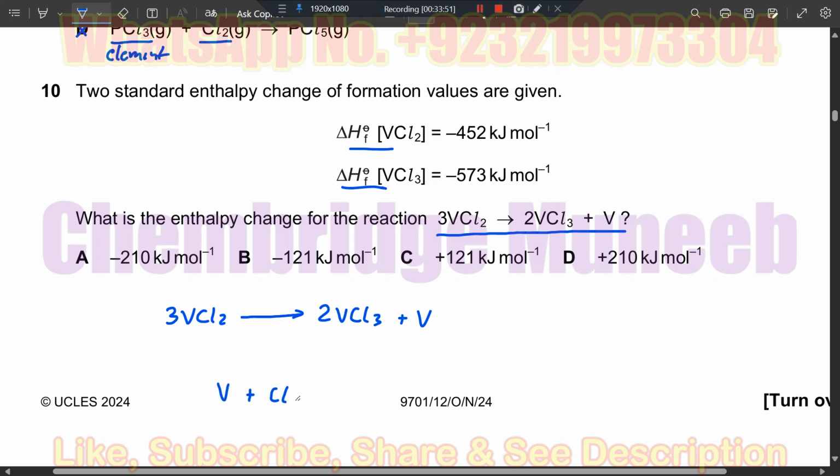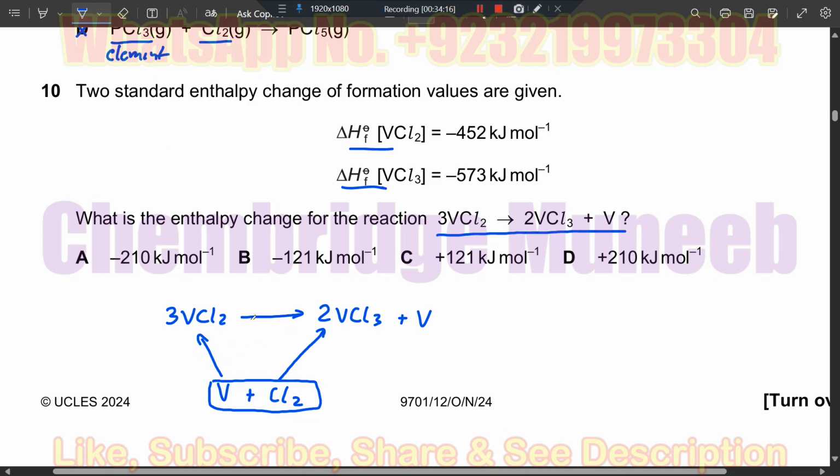Chlorine exists in the diatomic form. So vanadium and chlorine must be producing both the reactants and the products. There should be no enthalpy change for vanadium to vanadium element, since the enthalpy change of formation for vanadium over here is 0.